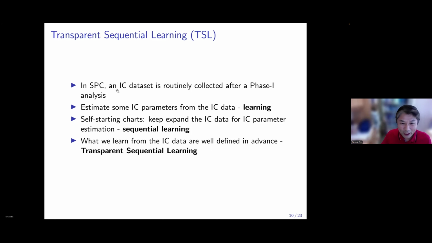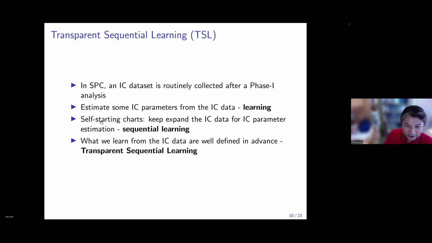Why collect this small data set after Phase 1? From this data set, we estimate some parameters like the in-control mean and standard deviation. That's learning, although we never used the terminology of learning. We learn those unknown parameters from the initial data, okay?